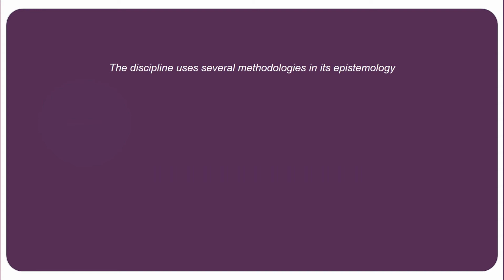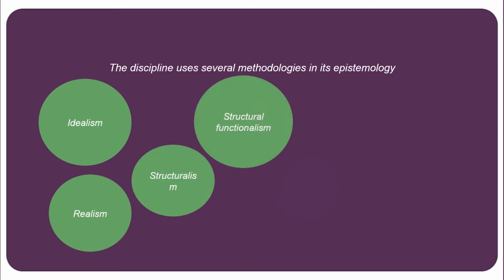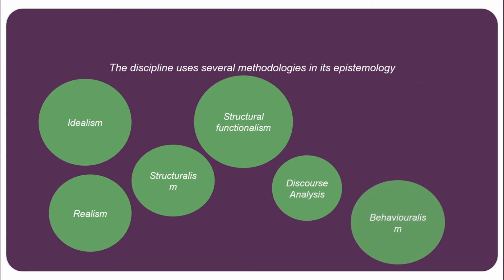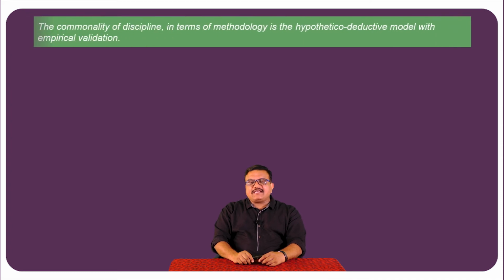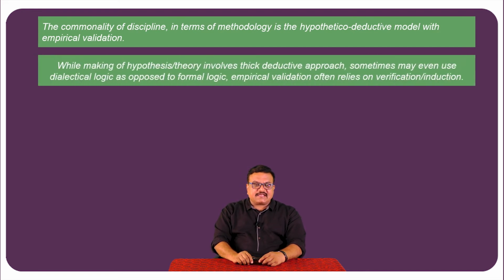The discipline uses several methodologies in its epistemology, such as idealism, realism, structuralism, structural functionalism, behavioralism, discourse analysis, and critical realism. The commonality of the discipline in terms of methodology with other social sciences is the use of the hypothetico-deductive model, as we stated earlier, with an empirical validation. While making a hypothesis, a theory involves a thick deductive approach and sometimes may even use dialectical logic as opposed to formal logic.